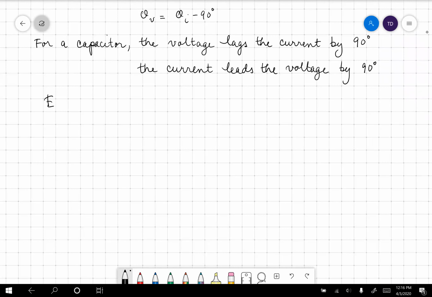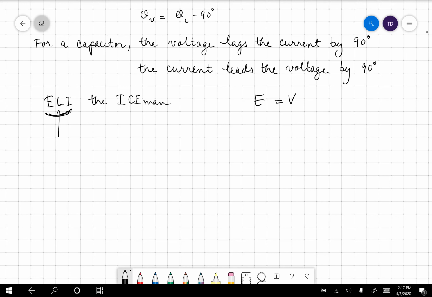Or you might remember me talking to you about ELI the ICEman. So ELI the ICEman really is about helping you understand what comes where in terms of the current and the voltage, which one leads, which one lags. So here for ELI, remember E equals V. E is electromotive force, and we use V. Way back at the beginning of the semester, we talked about electromotive forces, and you will still find textbooks that use E for voltages and not V's.